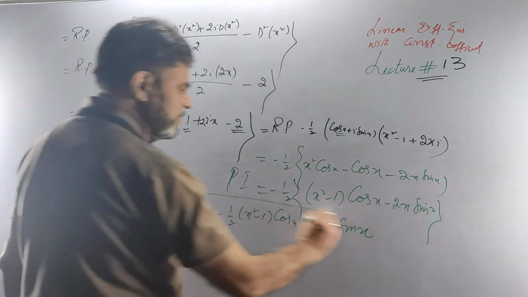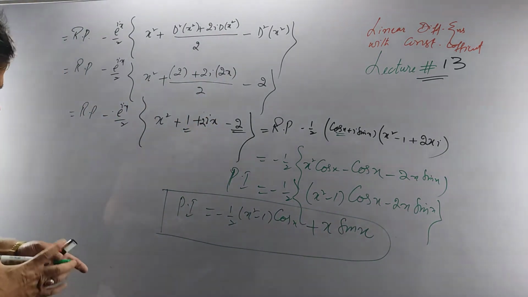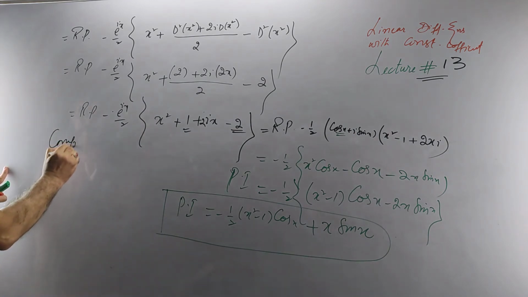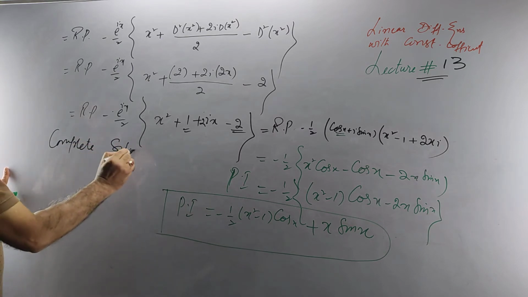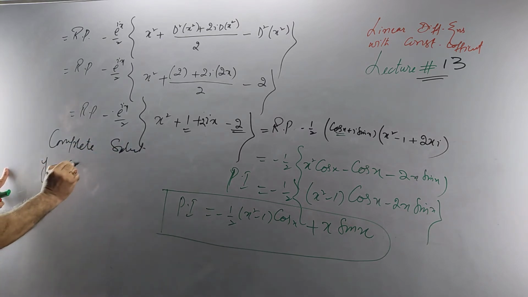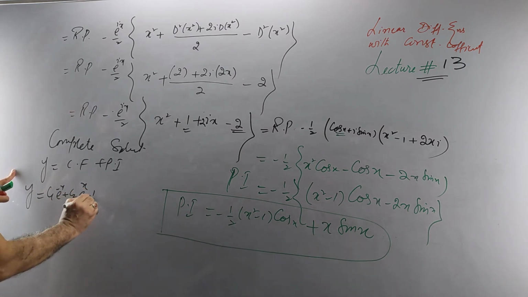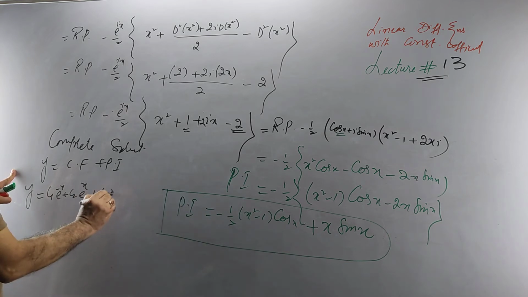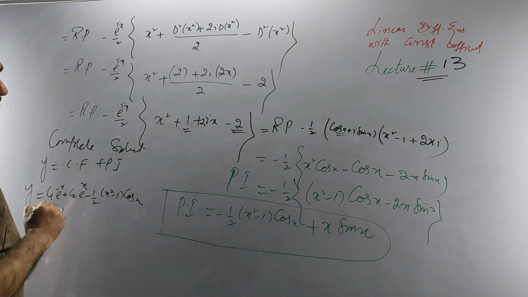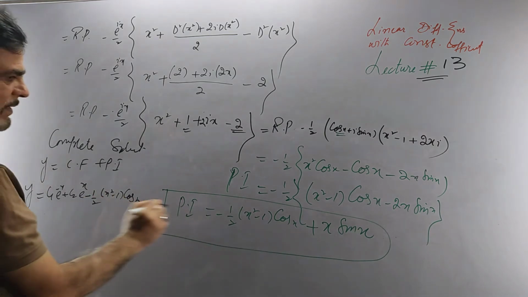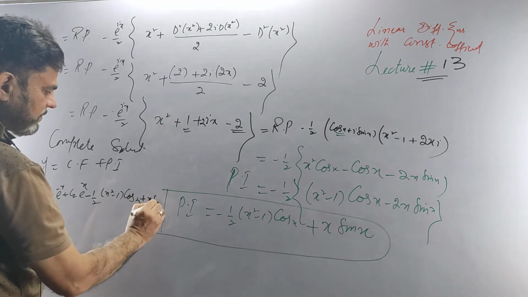Therefore, what is now the complete solution there? You will write down the complete solution. The complete solution is y equal to complementary function plus particular integral, that is y is equal to c1 e raised power minus x plus c2 e raised power x, then plus minus 1 by 2 this part x square minus 1 cos x, then plus x sin x.